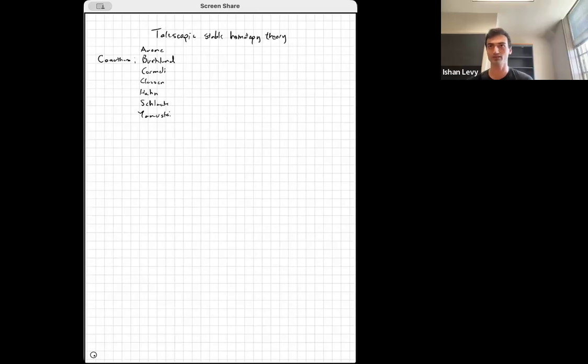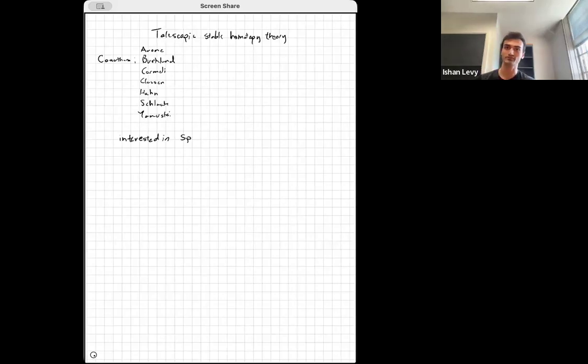So I want to tell you about telescopic stable homotopy theory, and to motivate it, if you're interested in triangulated categories or stable infinity categories, then you should be interested in spectra.